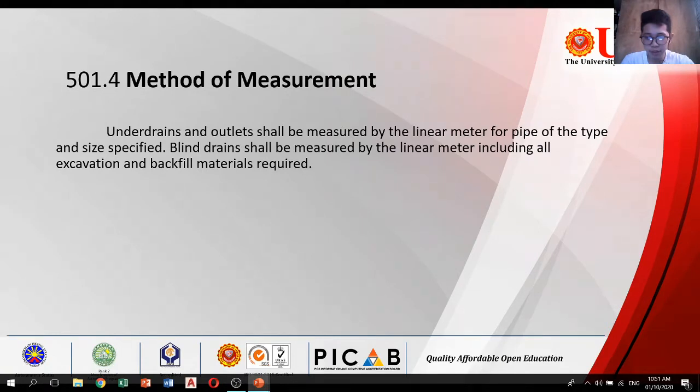Method of measurement. Under drains and outlets shall be measured by the linear meter for pipe of the type and size specified. Blind drains shall be measured by the linear meter, including all excavation and backfill materials required.